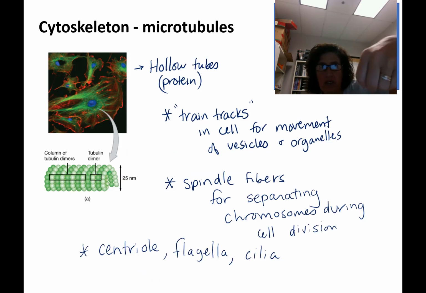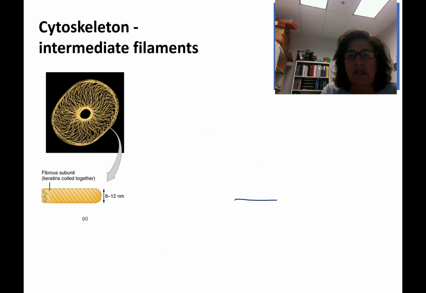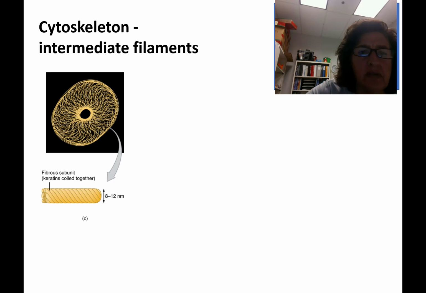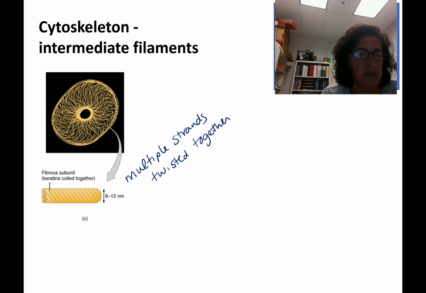If you see something that looks like a hollow tube, that's a microtubule. And then if you see something that looks like a whole bunch of strands, multiple strands twisted together, that is an intermediate filament.